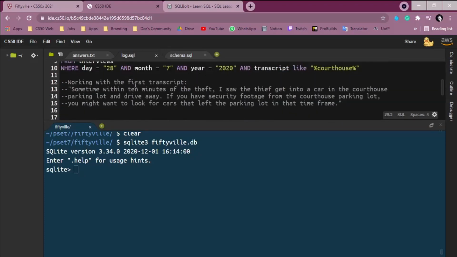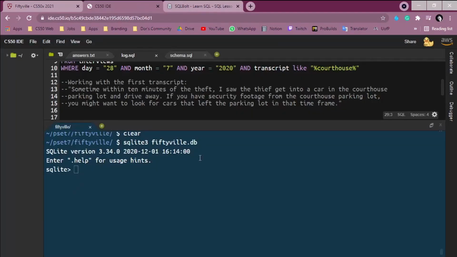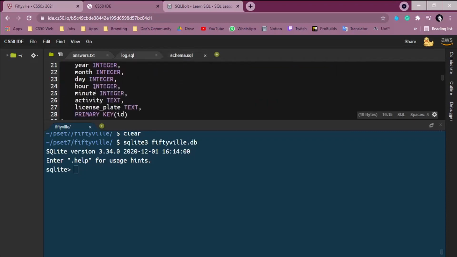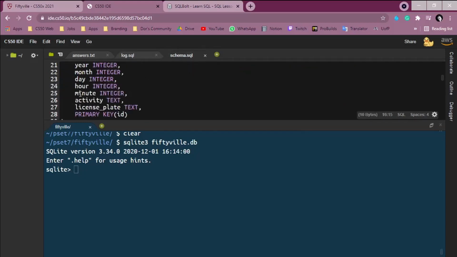Remember it was 10 a.m. and 15 minutes. So we have the hour 10 a.m. For the minute, we can say it started at 15, but here it says sometime within 10 minutes, so we can say the minutes are in the range of 15 to 25.